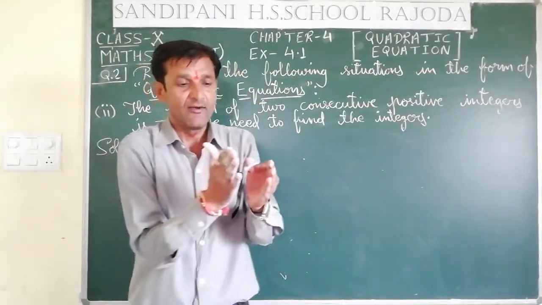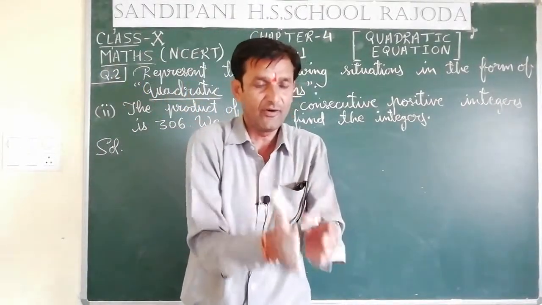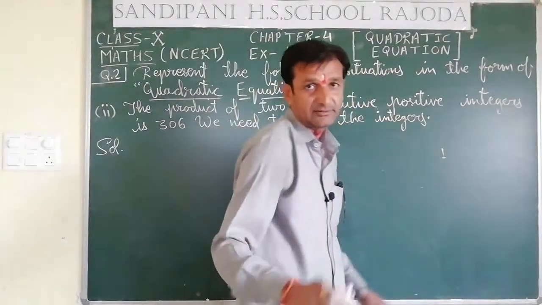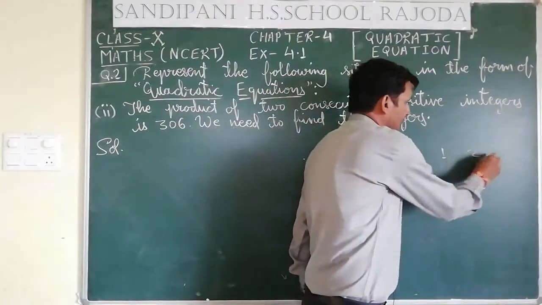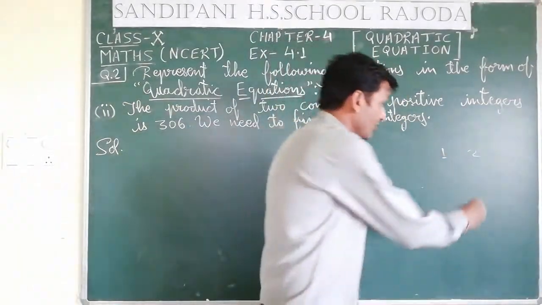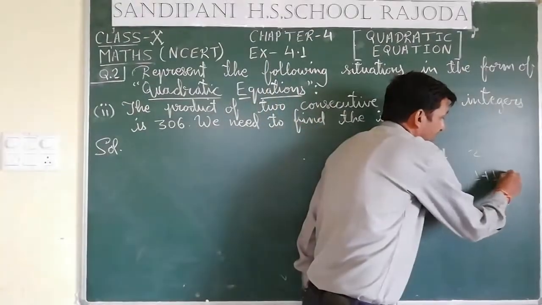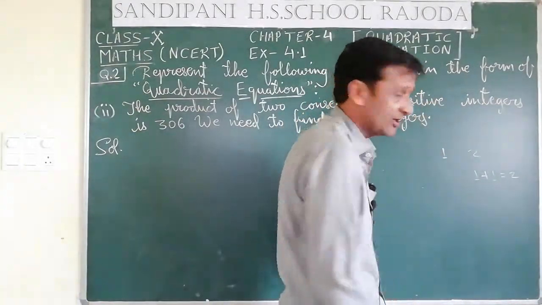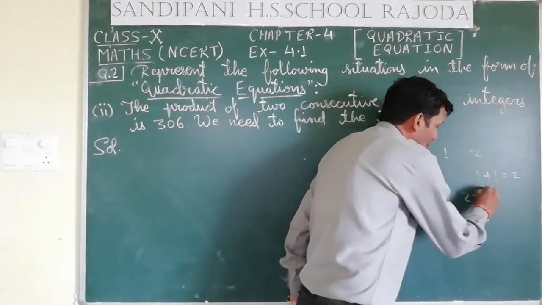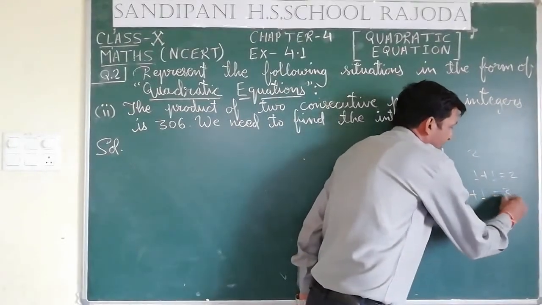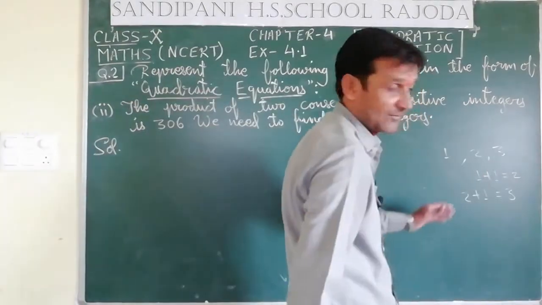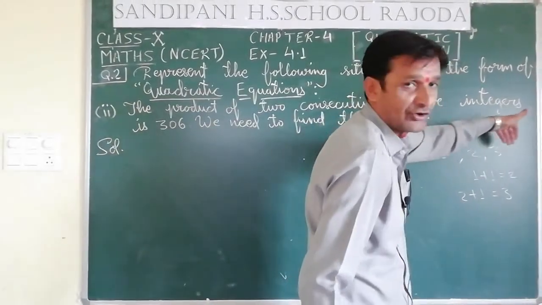Consecutive means one after the another. Suppose we are considering 1, then after 1 there is 2. Why is it so? Because 1 plus 1 is 2, and then another consecutive, then it will be 2 plus 1, then it will be 3. These are 3 consecutive terms.